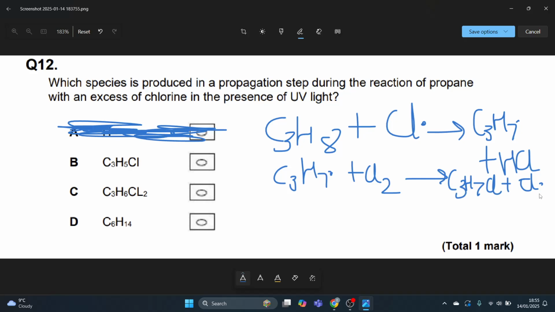So C3H8 plus the chlorine free radical forms C3H7 dot plus HCl, then C3H7 dot plus Cl2 forms C3H7Cl plus Cl dot.